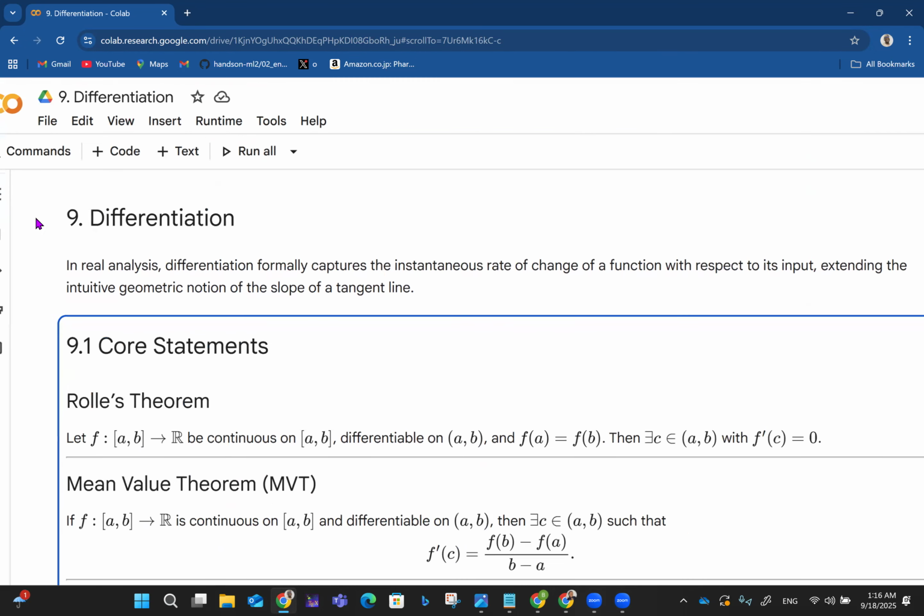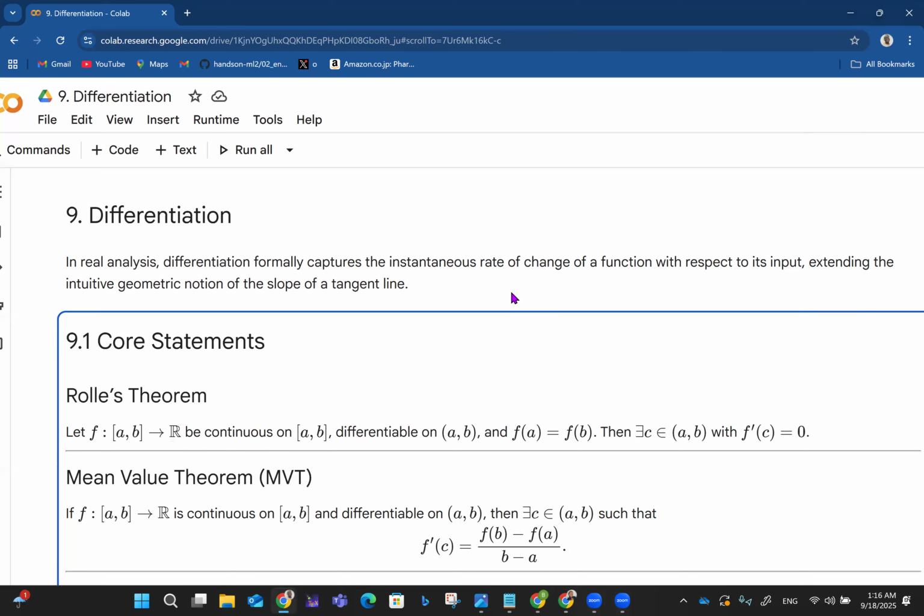In real analysis, differentiation formally captures the instantaneous rate of change of a function with respect to its input, extending the intuitive geometric notion of the slope of a tangent line. The idea of differentiation comes from the idea of slope. You draw a line, and then you take a vertical part and a horizontal part.